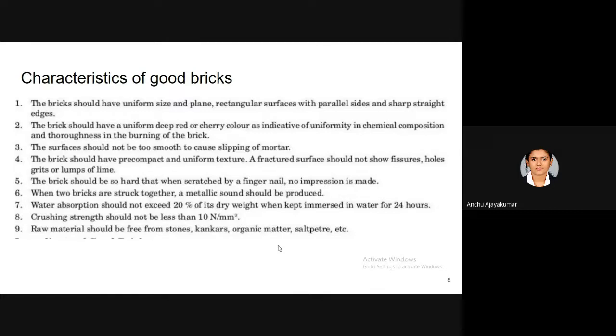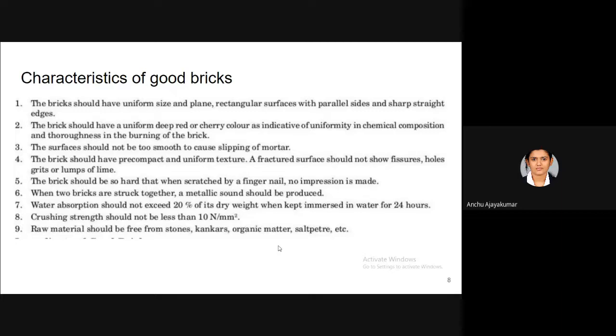Next, the general characteristics of a good brick. What are the general characteristics of a good brick? It should be uniform size, uniform texture. These are questions you can't expect in GATE. What you can expect is water absorption and crushing strength, the 7th and 8th points. Water absorption should not exceed 20% of its dry weight when kept immersed in water for 24 hours.